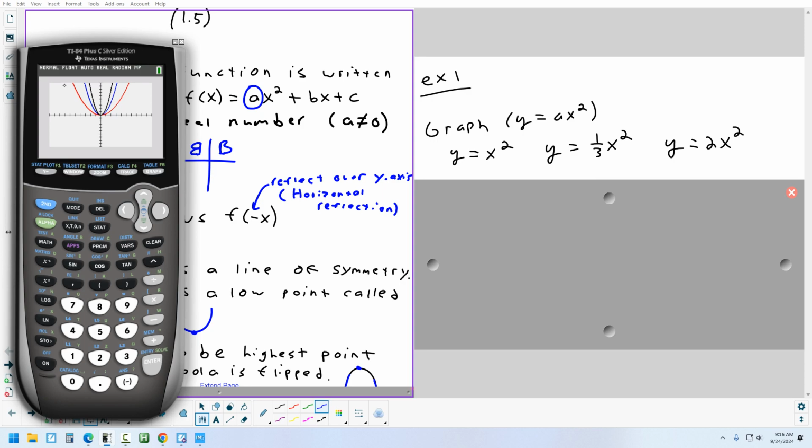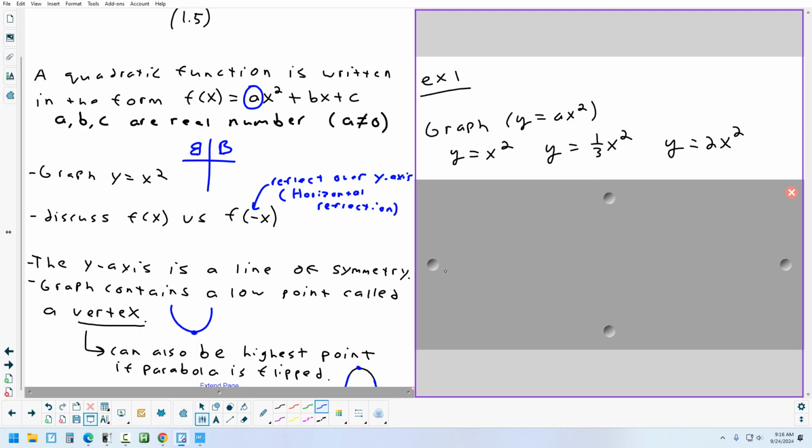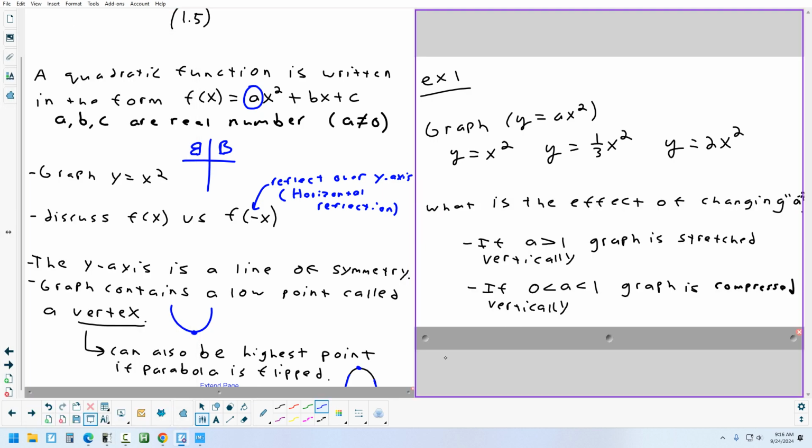So changing this number in front causes the graph to either stretch vertically or compress vertically. Which one happens depends on if the number is bigger than 1 or a decimal between 0 and 1.